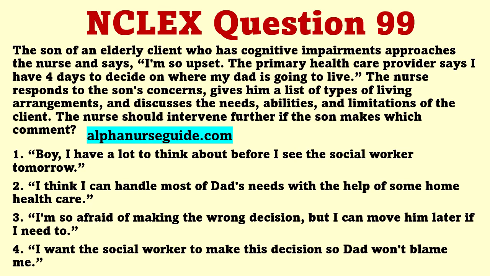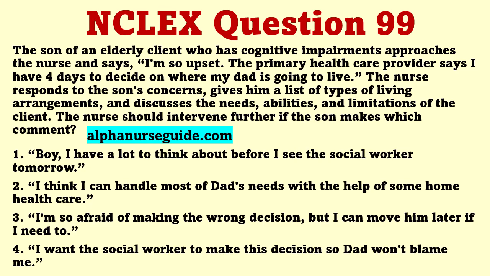The son of an elderly client who has cognitive impairments approaches a nurse and says, "I'm so upset. The primary healthcare provider says I have 4 days to decide on where my dad is going to live." The nurse responds to the son's concerns, gives him a list of types of living arrangements, and discusses the needs, abilities, and limitations of the client.